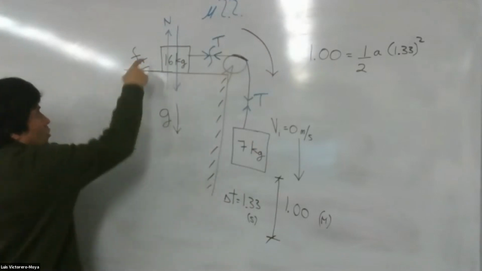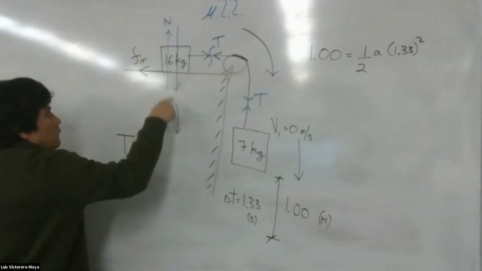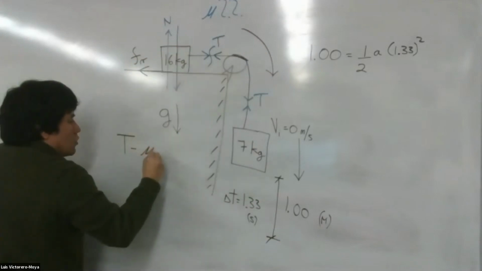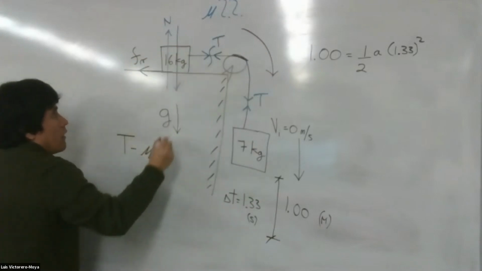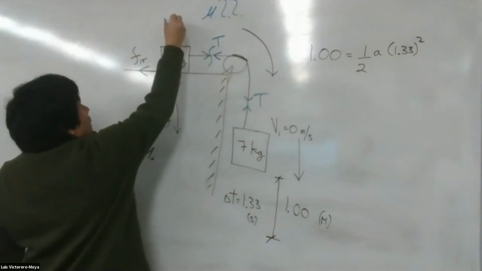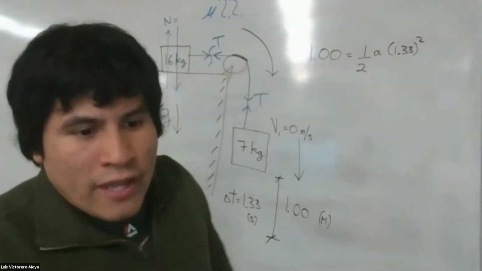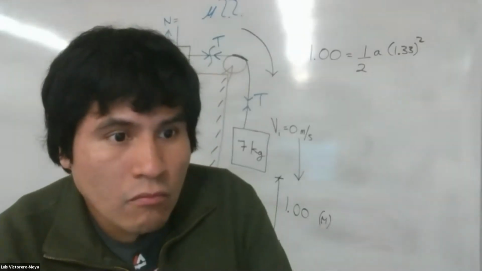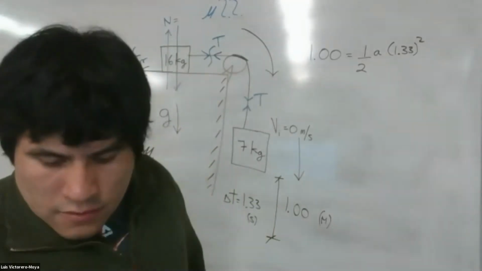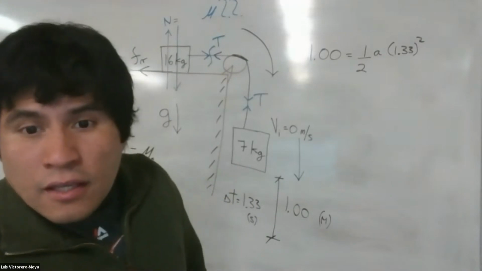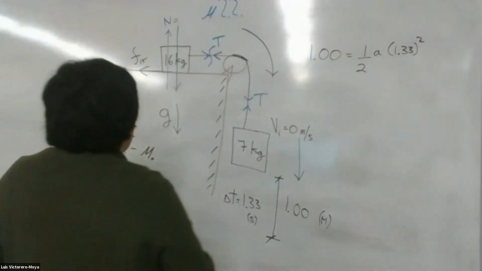Tension minus friction, which is mu times the normal. But the value of the normal is 16 times 9.8. It's just the weight of the body. 16 times 9.8 is 156.8.